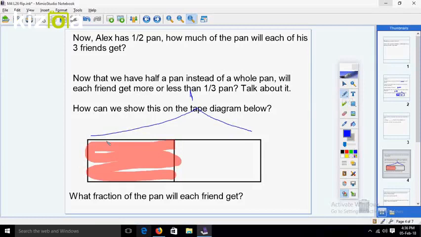So now we're going to divide them into thirds. All right. So if we do it on this side, we need to do it on the other side. Right? So here we go, and 1 friend, I'm going to change the color here, 1 friend is going to get 1 of them. So what is double shaded? 1 out of 6.